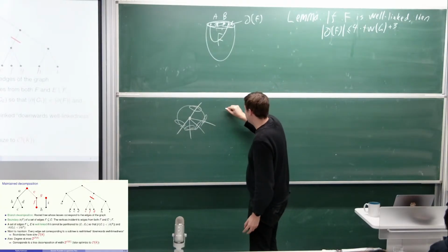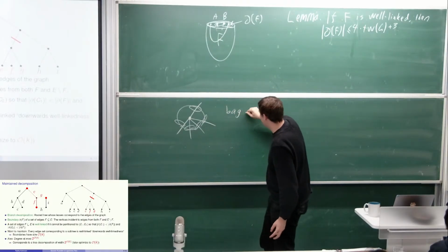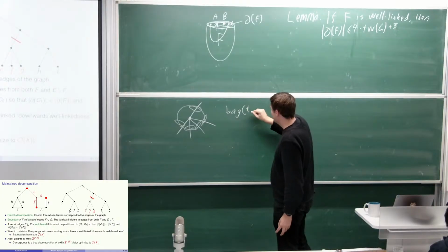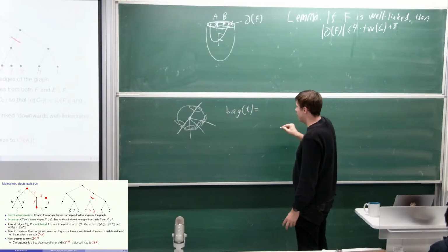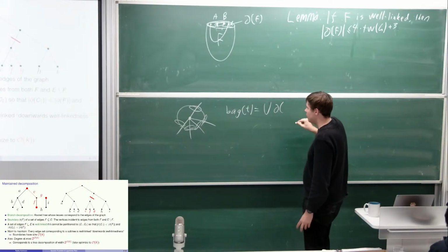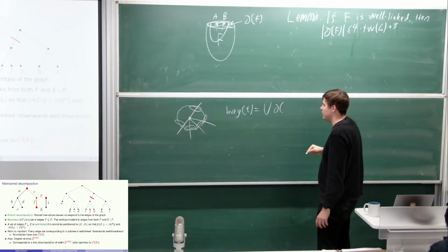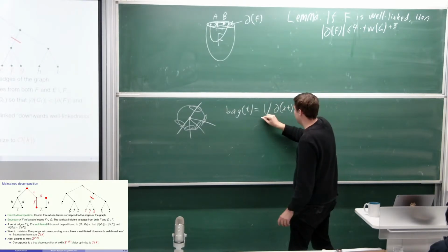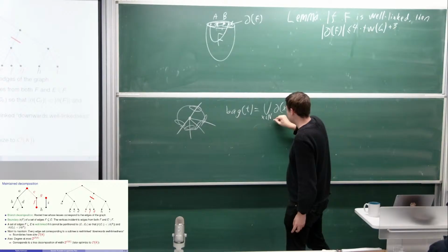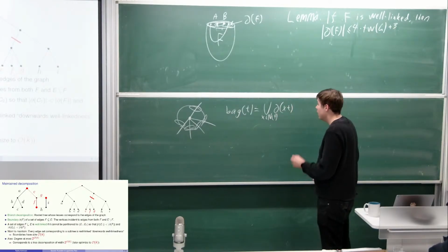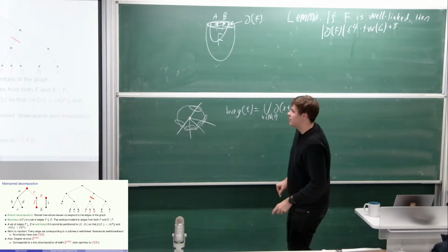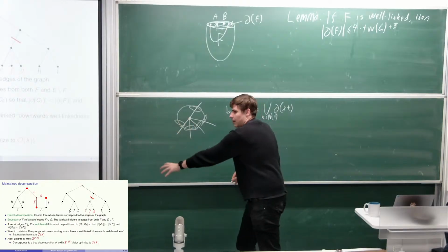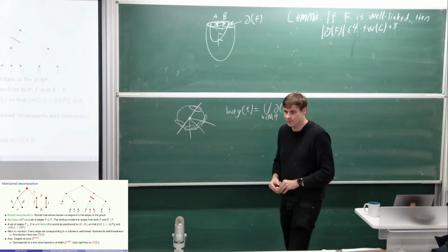So the bag of this node is just the union of the boundaries of all adjacent edges. Let's say the boundary of xt, where x ranges over the neighbors of t, and the boundary of xt means the boundary of the subtree corresponding to that edge.